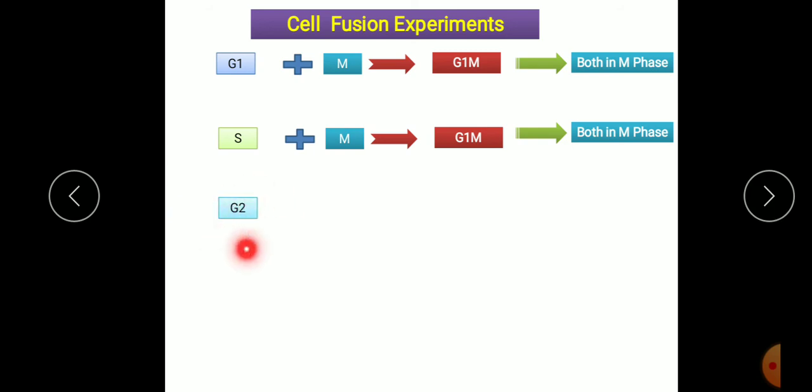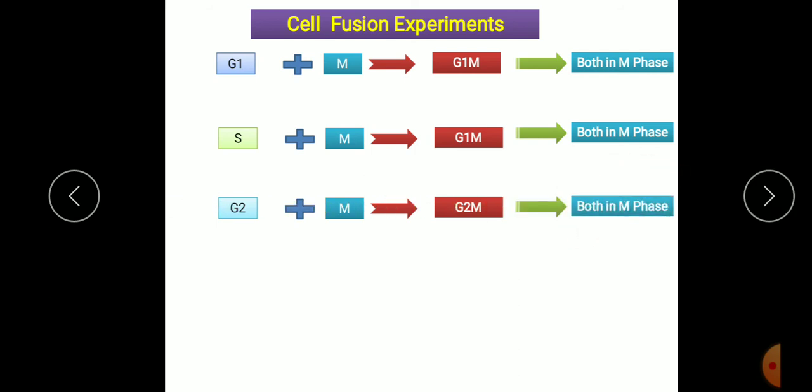Next, they took one cell in G2 and fused it with another cell in M. The syncytium formed is G2M, which also enters the M phase. So with these experiments they concluded that any cell in G1, S or G2 phase, when it fuses with another cell which is already in M phase, results in both cells entering into the M phase.